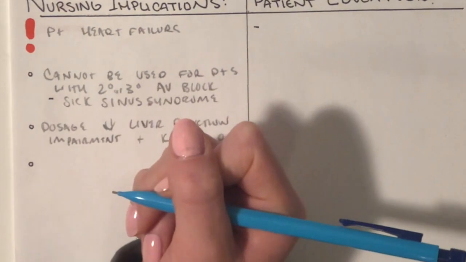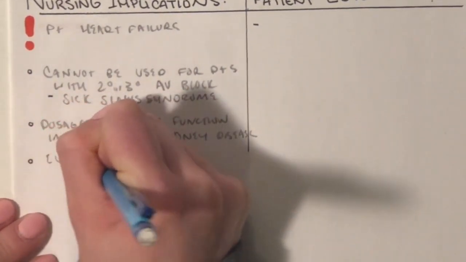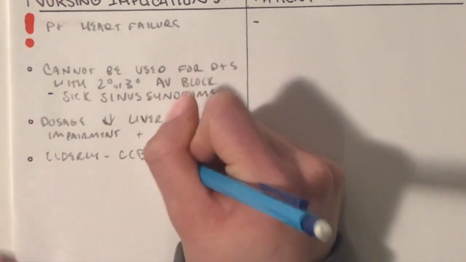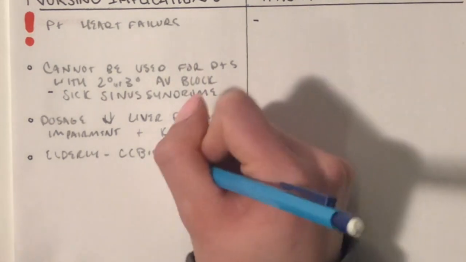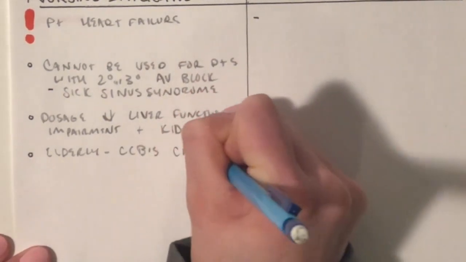Next to consider is age. For the elderly, calcium channel blockers in general can be associated with chronic eczema eruptions, so it can cause flare-ups of their eczema.